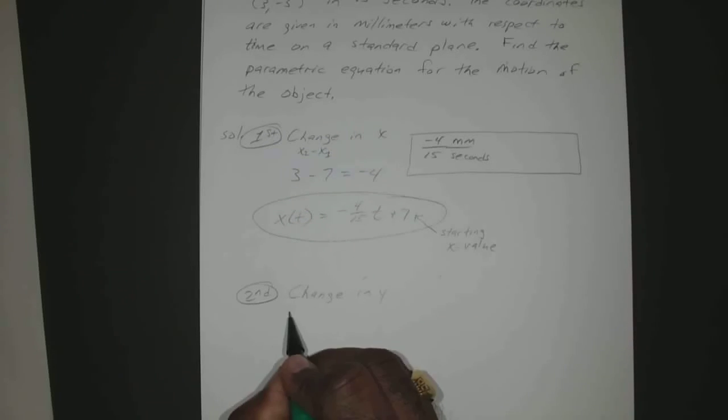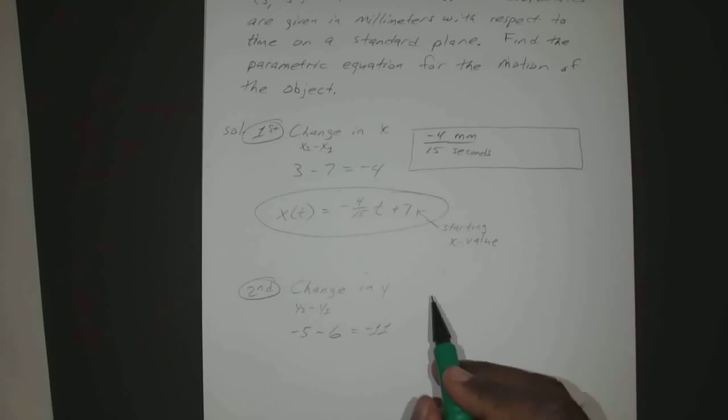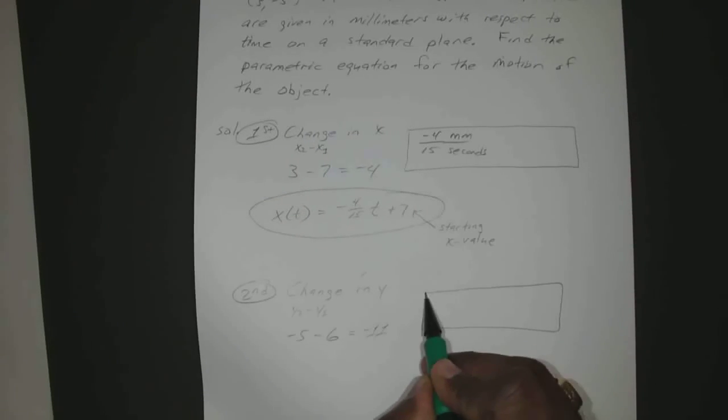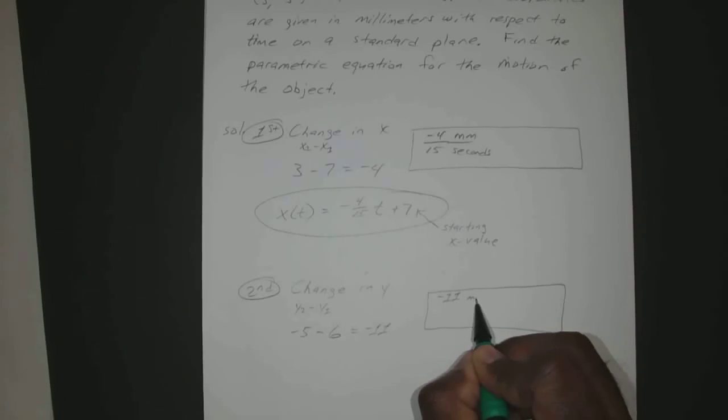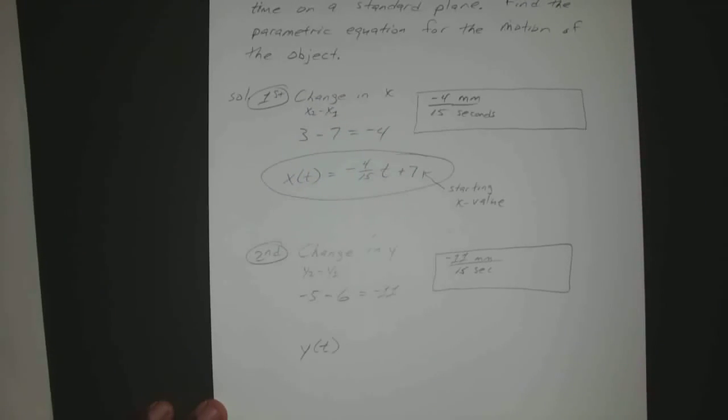Our change in y, which is our y2 minus y1, so that would be -5 minus 6, which is -11. Which means you go -11 millimeters in 15 seconds. Okay, so our y parametric equation is equal to -11/15 t, and we started at 6, so it will be plus 6. Remember, that's our starting y value.